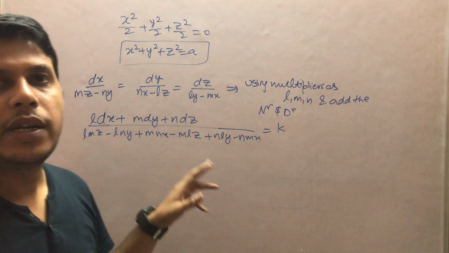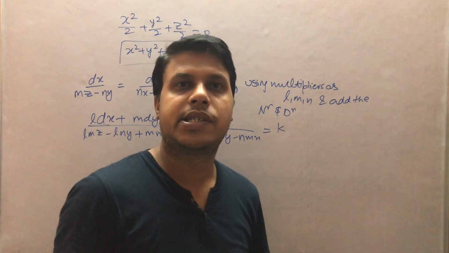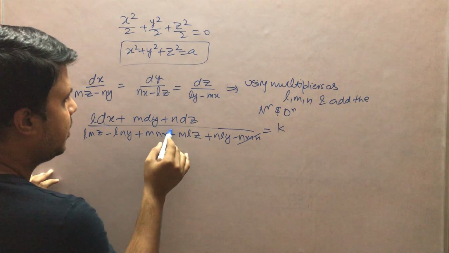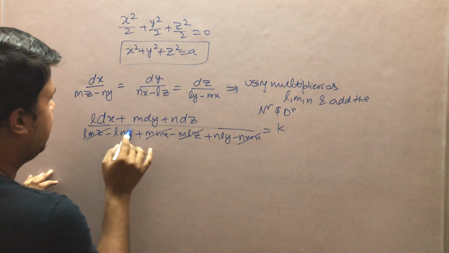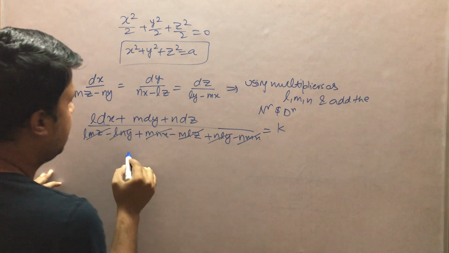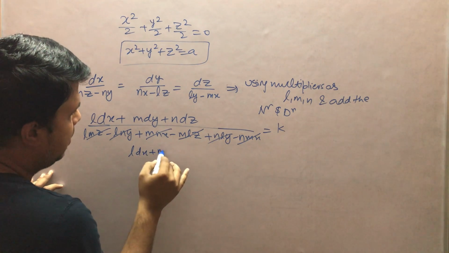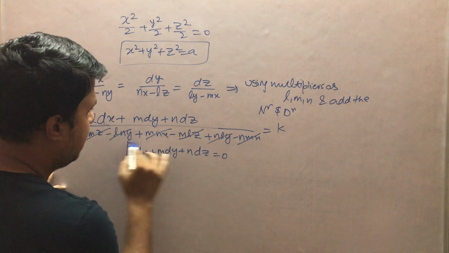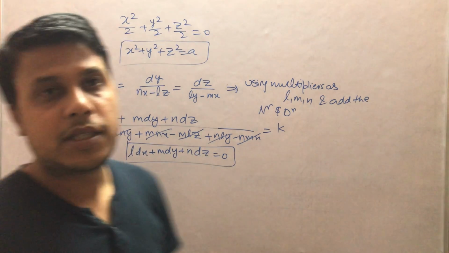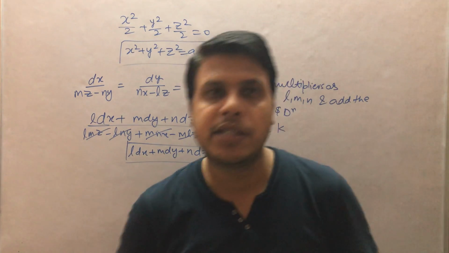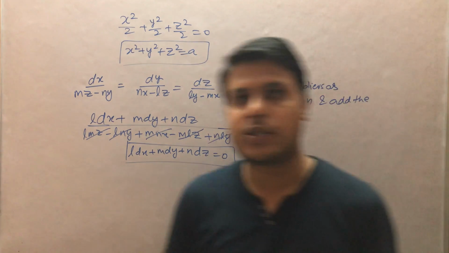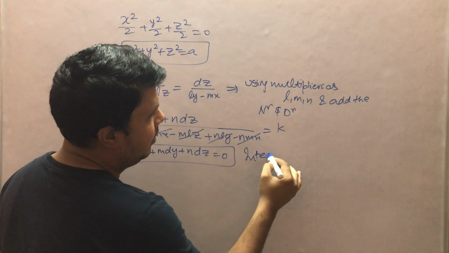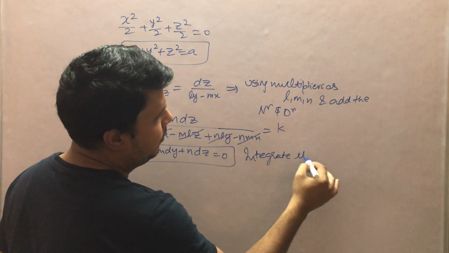And if you closely look at the denominator, it has vanished. It has become 0. So now it is very easy for us to integrate this equation to get the final solution actually. Okay, now we are going to integrate it.